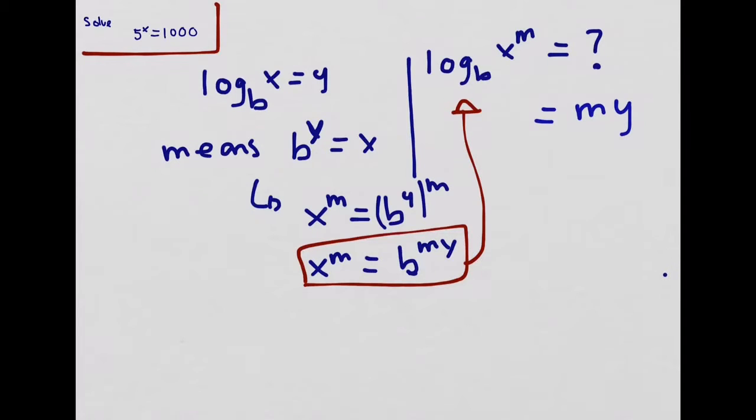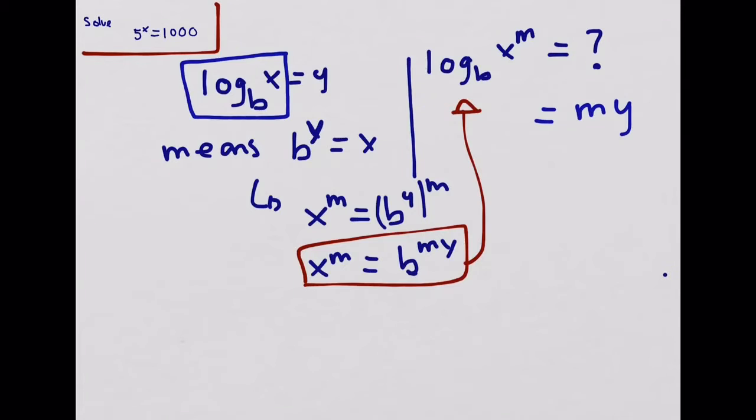Log base b of x to the m is my, because b to the power of my gives you x to the m. Let's go back: log base b of x was y. Let's write it down right here. It's m times the log base b of x.